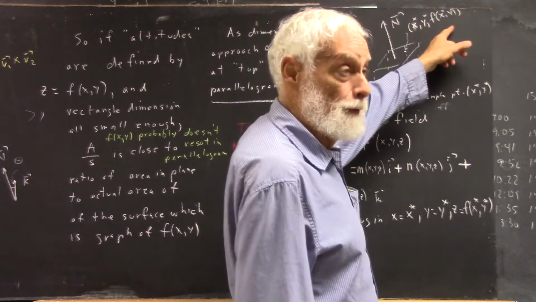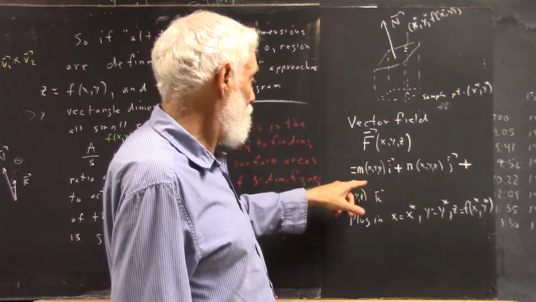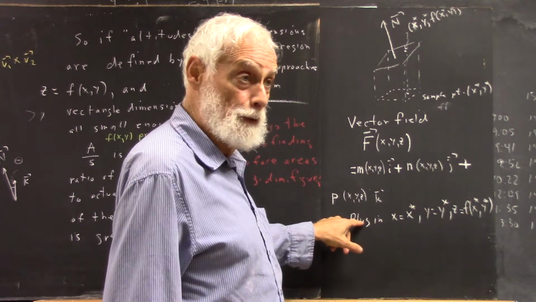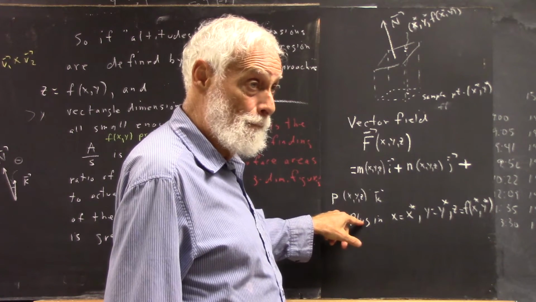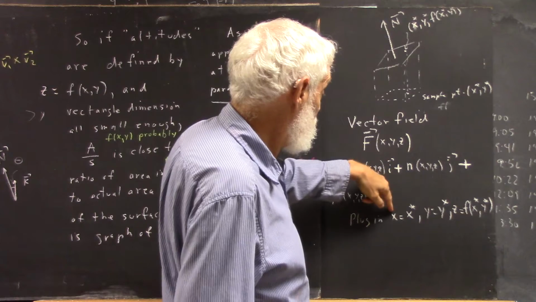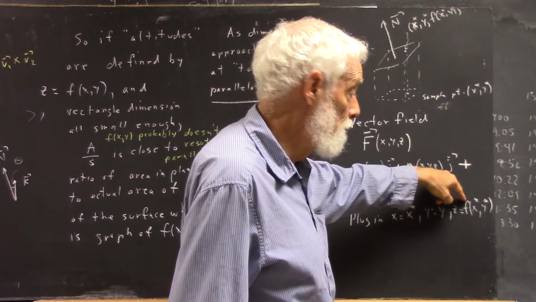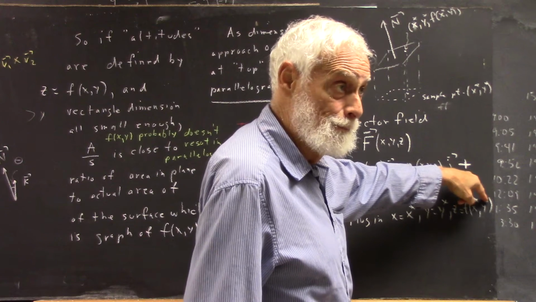So there are 3 coordinates. Now you've got this vector function, and each component has 3 coordinates, right? So you take these 3 coordinates and plug them in. X is going to be your x star, y is going to be your y star, z is going to be f at x star, y star.